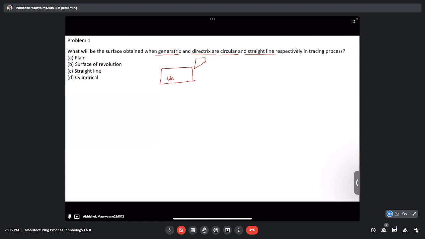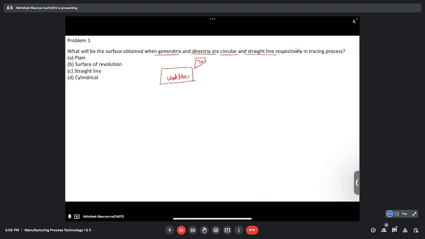This is the workpiece and this is the tool. We give some motion either to the workpiece or to the tool, or both, and because of this relative motion we create the desired surface on the workpiece.